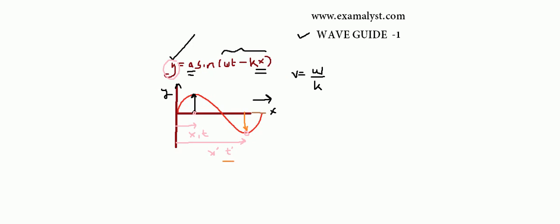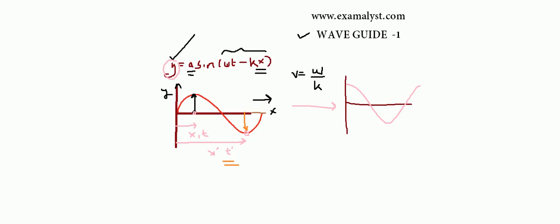Because the waveform changes with time. For example, say the wave started with a sine. Now after some time the wave can become like this. So the same wave can become like this after some time, and the same wave equation can be used to describe it.